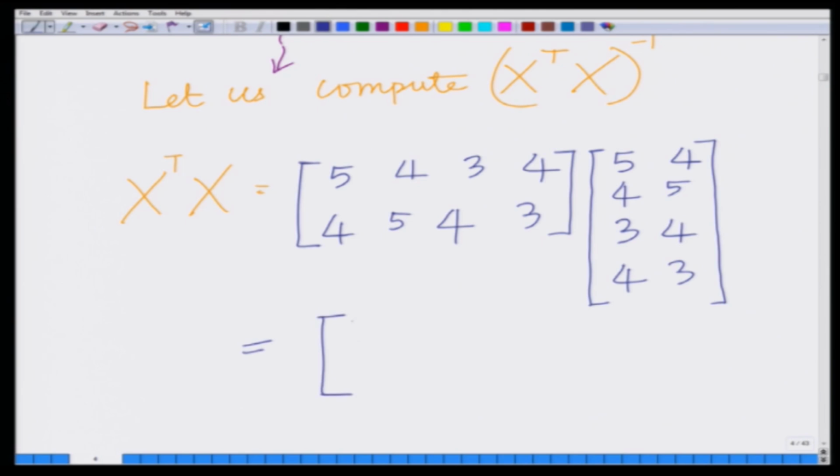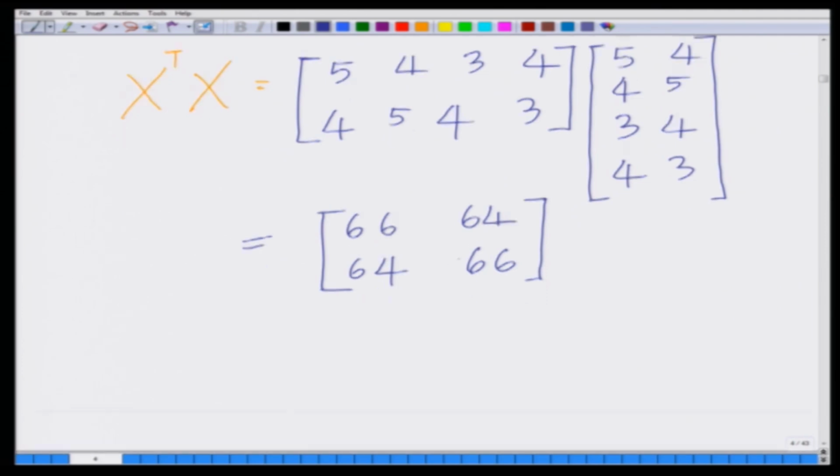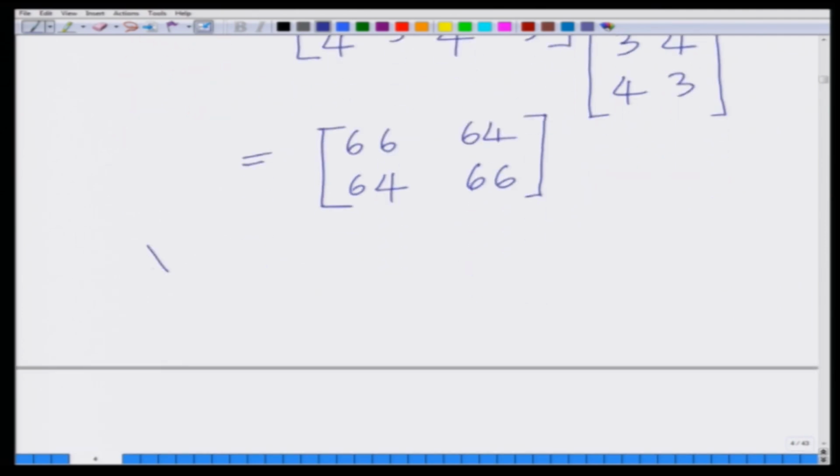You can simplify this, it is 66, 64. This is a 2 cross 2 matrix, an m cross m matrix, 66, 60. I am sorry, this is 64, 64, 66.